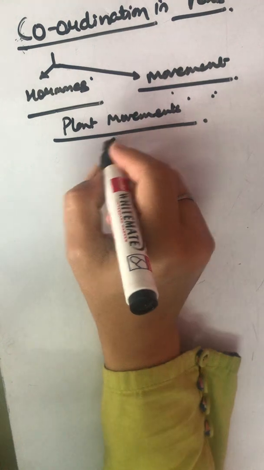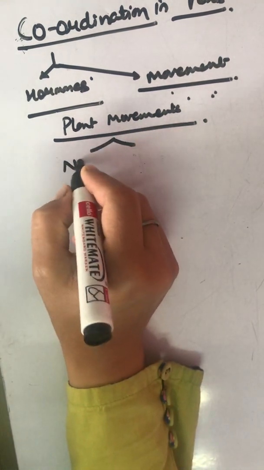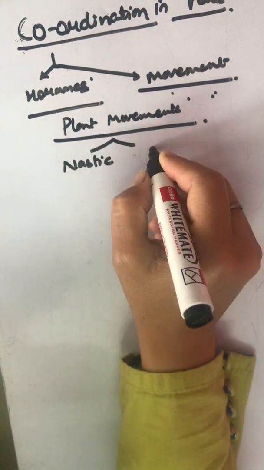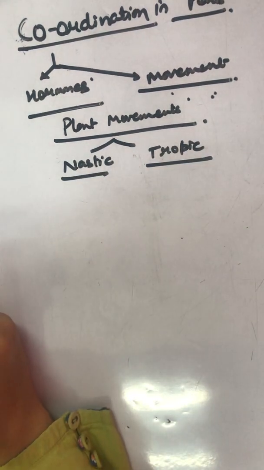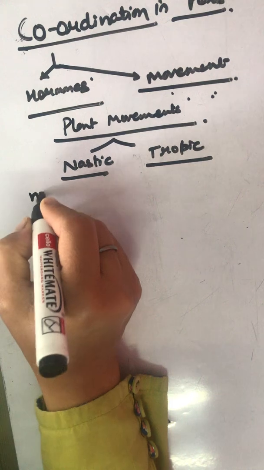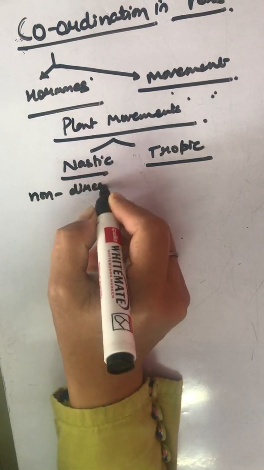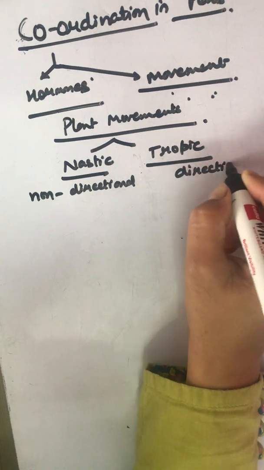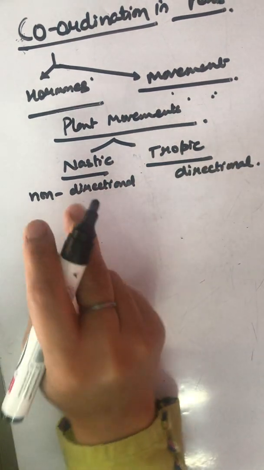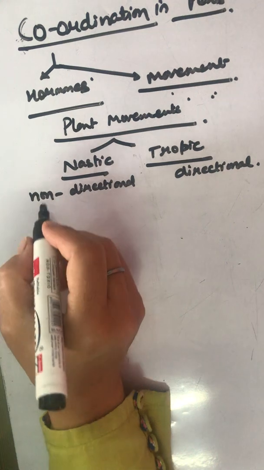These movements are of two types, nastic and tropic. Basic difference क्या है? These are non-directional and these are directional. Being non-directional, these are non-growth related.